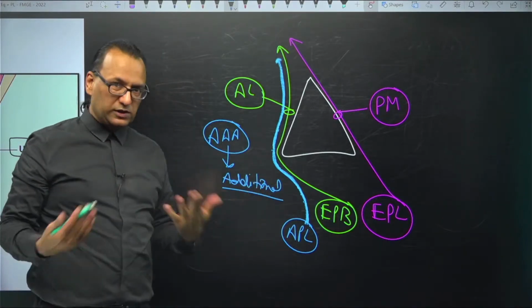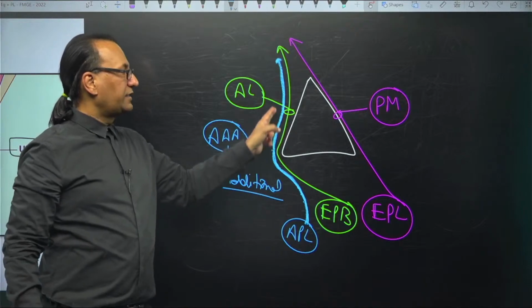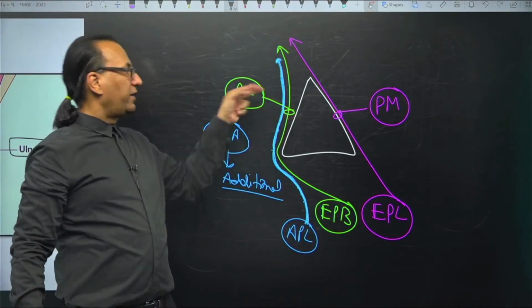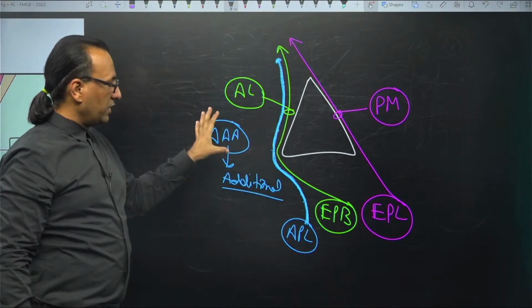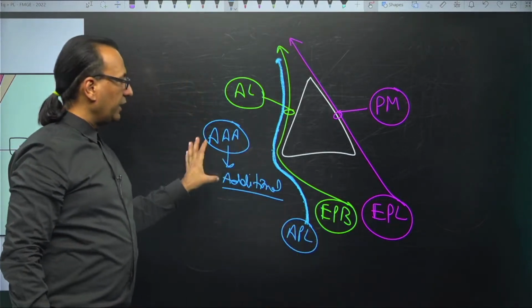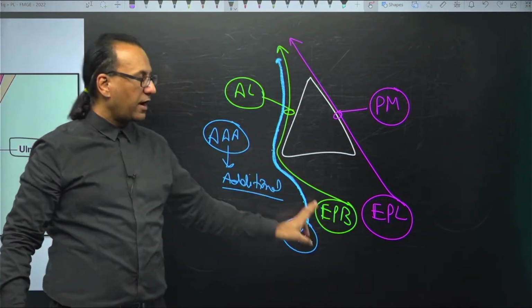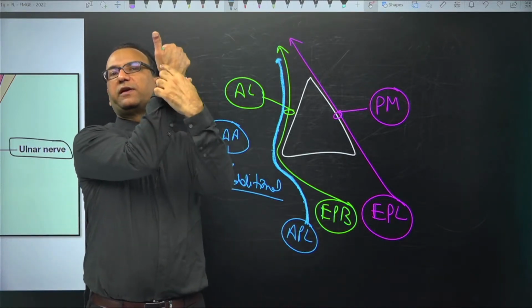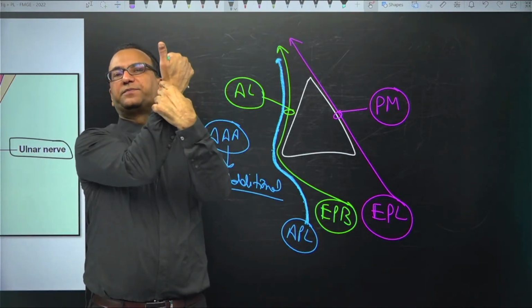Anterior to what? Anterior to extensor pollicis brevis. Wherever the extensor pollicis brevis is, it is more anterior to that. So triple A: abductor pollicis longus is an additional boundary and is anterior to the tendon of extensor pollicis brevis.